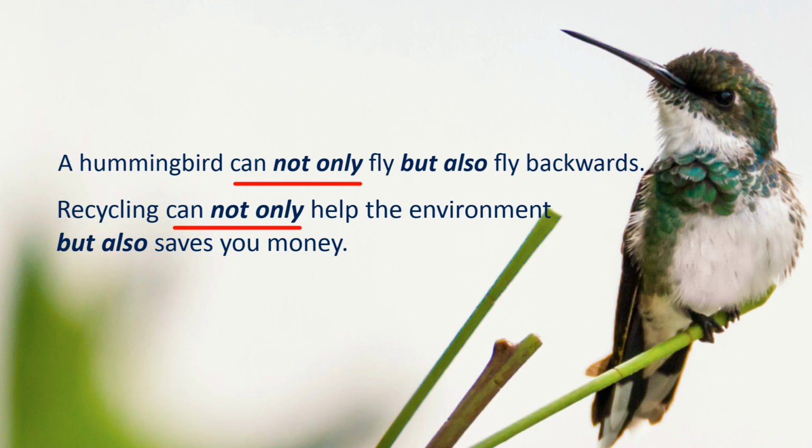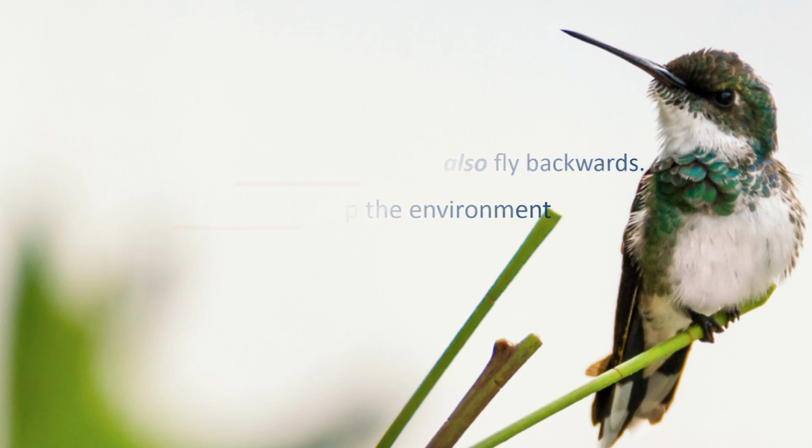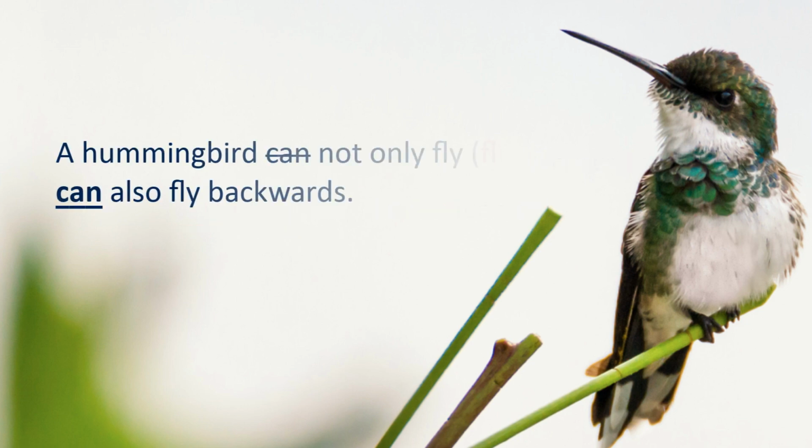And because we can use two words, can not, let's have a look at the sentences again. We can have a different version. A hummingbird not only flies, but it can also fly backwards. Here, we can actually remove can altogether because it's auxiliary.